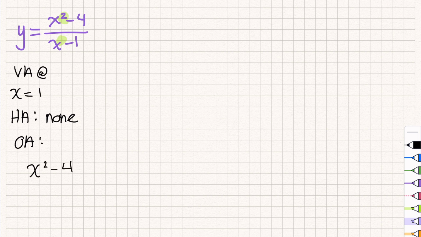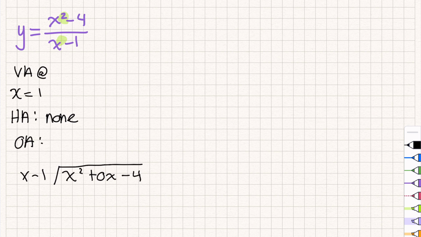We cannot simply take x squared minus 4 because we're missing an x value. So if you recall, we need to use a placeholder. So we have x squared plus 0x minus 4. That's being divided by x minus 1.